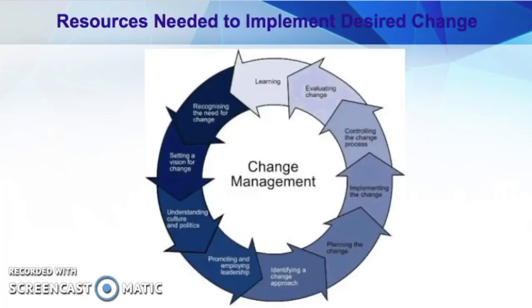Change can be hard and people can be resistant. This requires that the business owner communicates effectively throughout the process so everyone is on board.